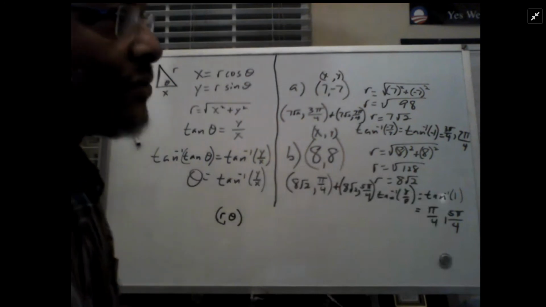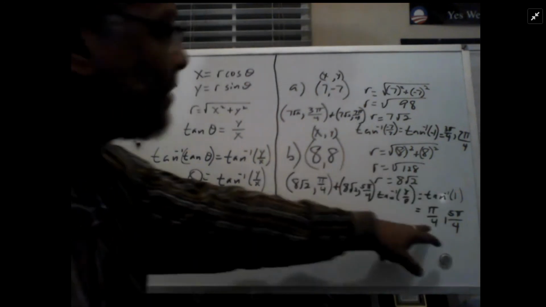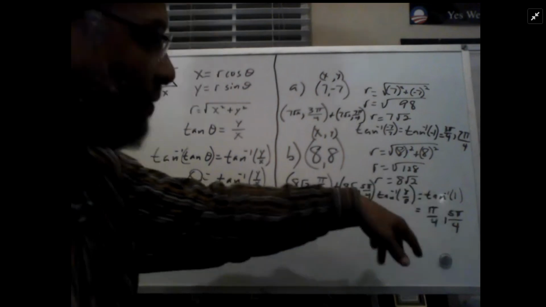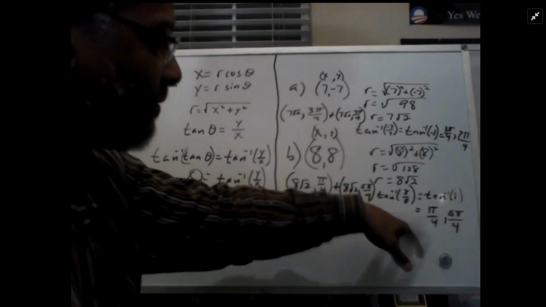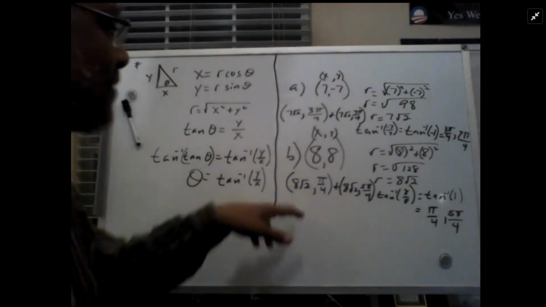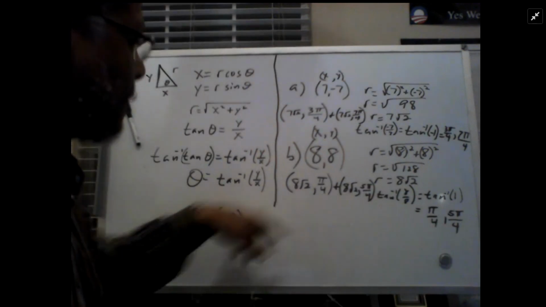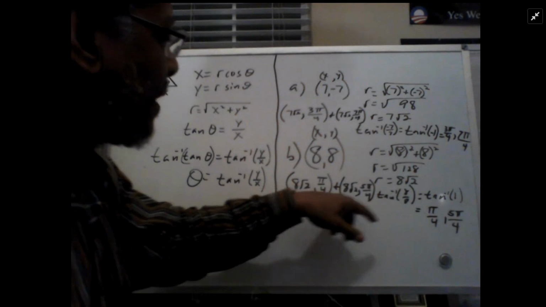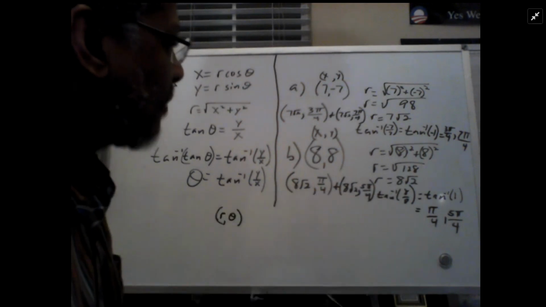Tangent is positive in quadrant 1 and quadrant 3. Quadrant 1 is pi over 4. Adding 4 pi over 4 to 1 pi over 4, you get 5 pi over 4. So your last two answers, for r, theta, are 8 radical 2, pi over 4 and 8 radical 2, 5 pi over 4.